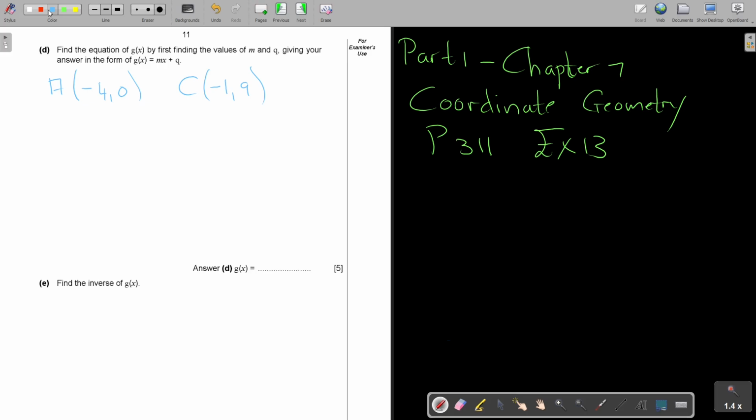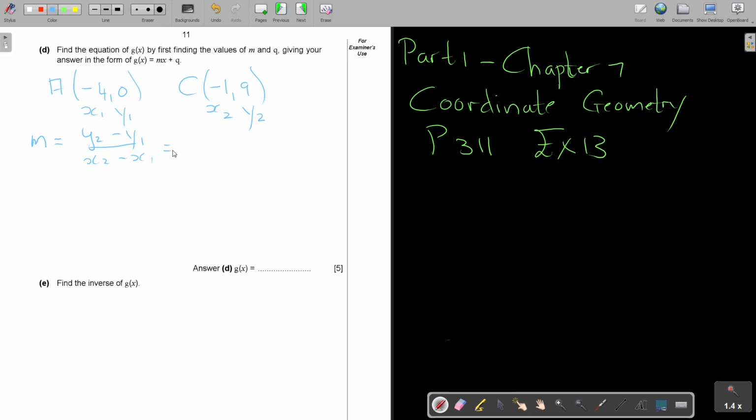Now, I know that when you are stressed, you make a lot of unnecessary mistakes. So I rather do things to try to help you avoid mistakes. First, I will work out the gradient: y2 minus y1 over x2 minus x1.